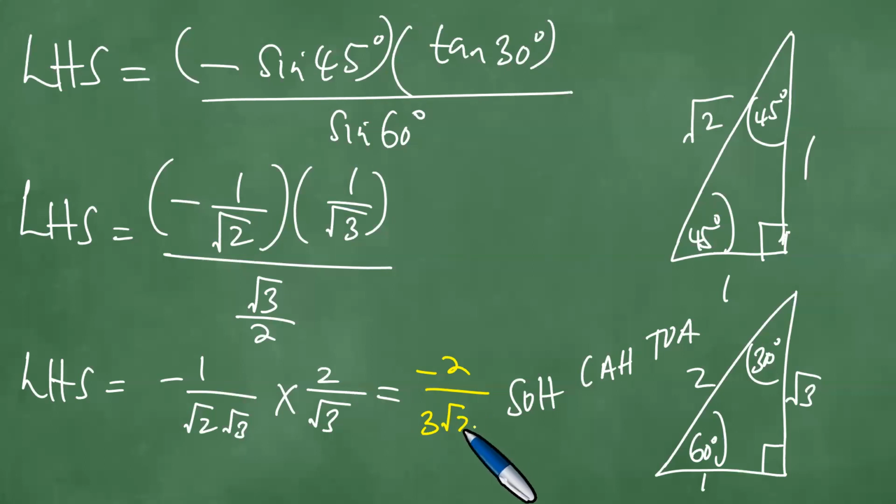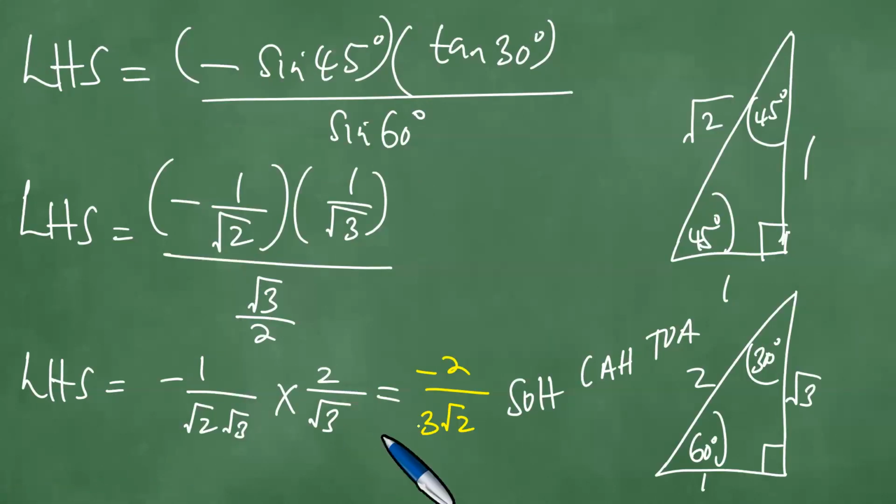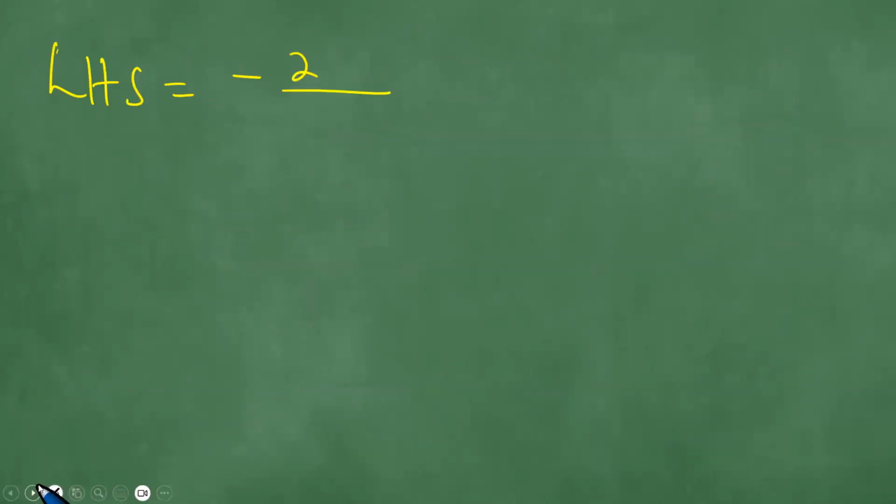It is 3. Then what do we do? So the left-hand side is minus 2 over 3 square root of 2.